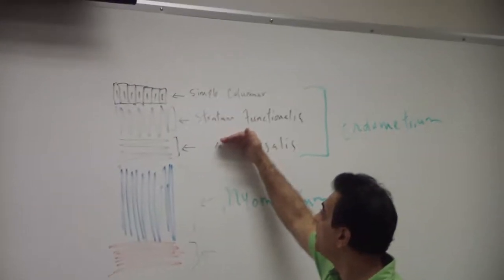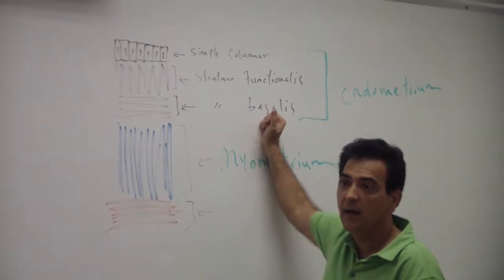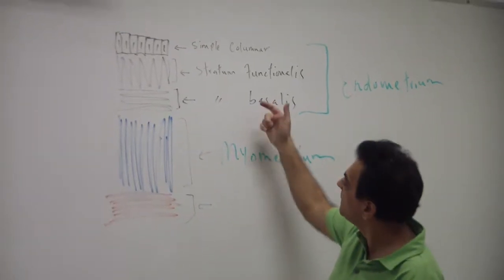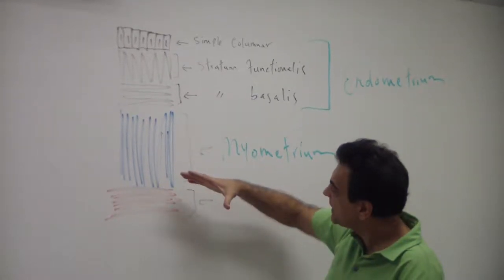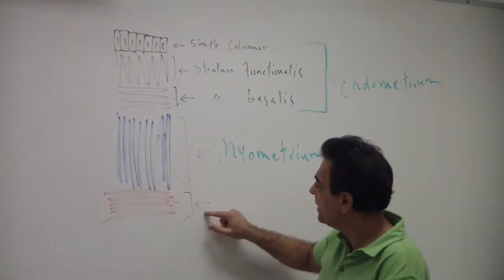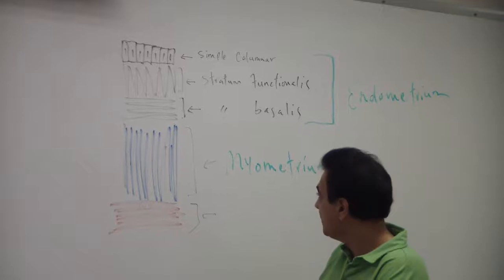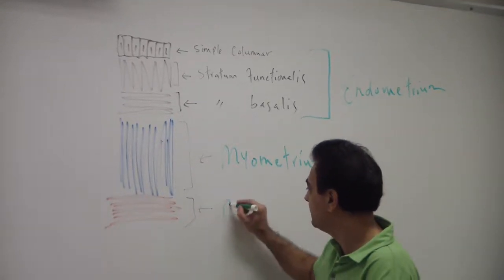So the endometrium is made up of simple columnar, the stratum functionalis, stratum basalis, and then the bulk of the uterus, the wall, is made up of muscle, the myometrium, and then you have the outermost layer, which is made up of connective tissue. That would be perimetrium.